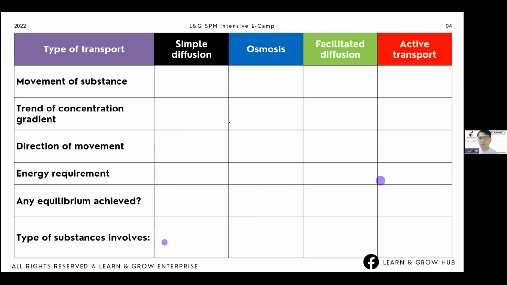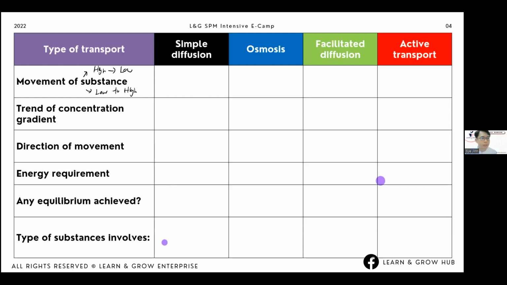Simple diffusion. We know that for the movement of substance, it is either from high concentration to low, or from low to high. If we want to explain the movement of the substance, for this table I will write the full answer for you all.